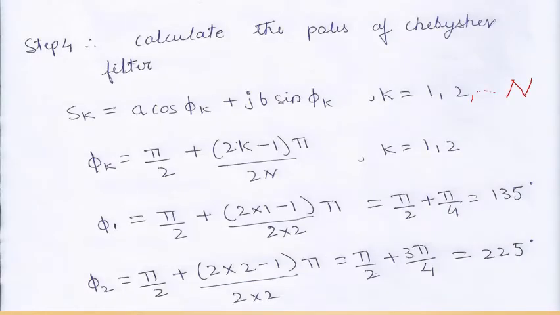Once we have the values of A and B, the next step would be to calculate the poles of a Chebyshev filter.